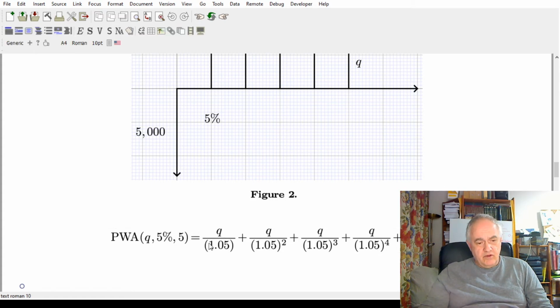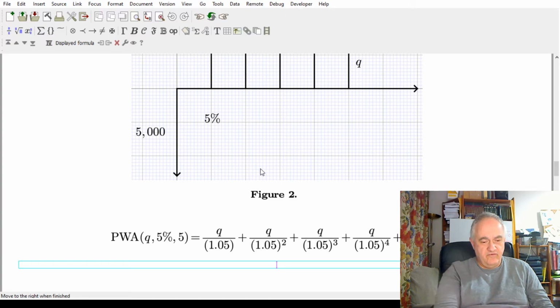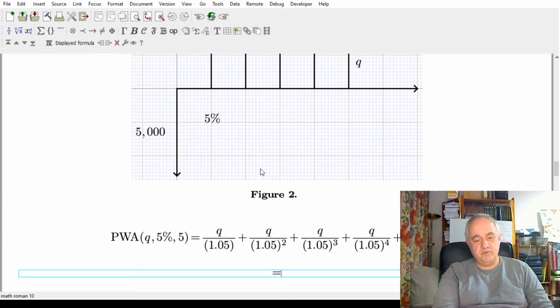Let's see how we can handle that. If we look, this is a sequence of values, and each one is different from the previous just by multiplying by 1/1.05. So this is a geometric progression. How can we obtain the sum of the 5 terms of this geometric progression?